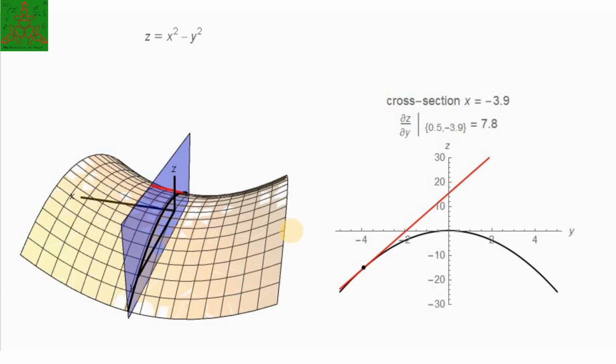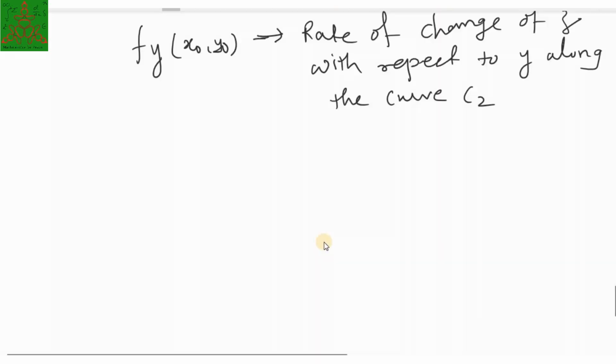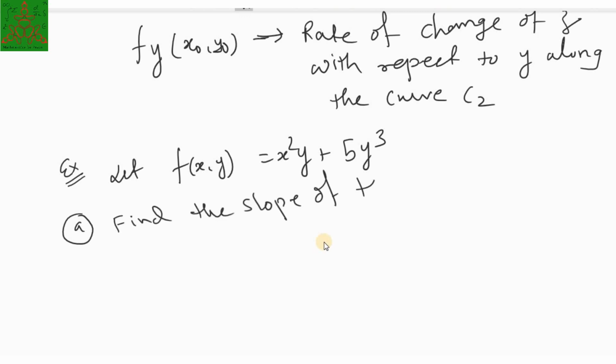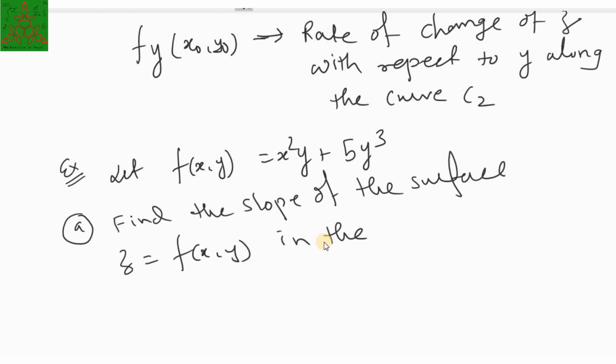So let's go back and have an example related to that. Let f of x, y be a function given as x square y plus 5y cube. The first question: find the slope of the surface z equal to f of x, y in the x direction at point 1, 2.